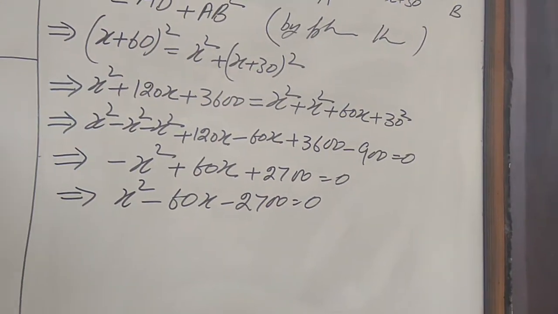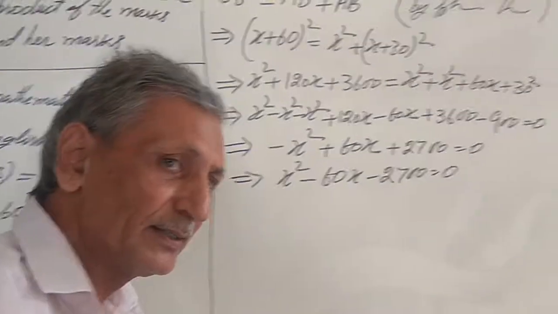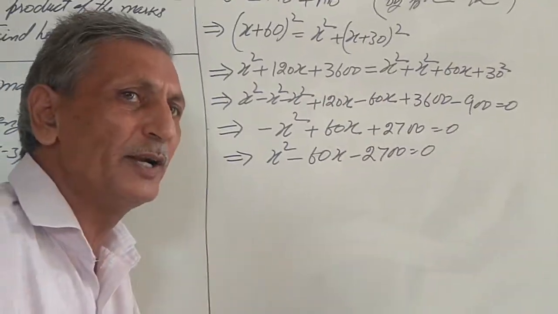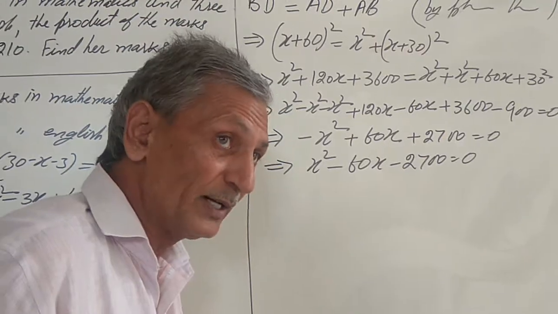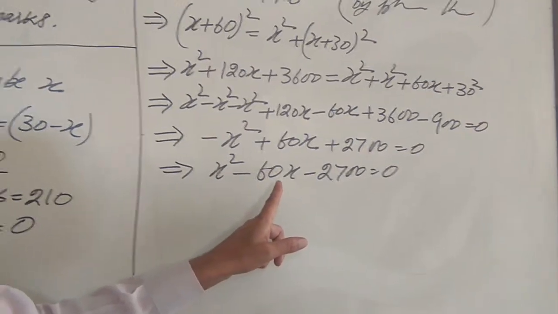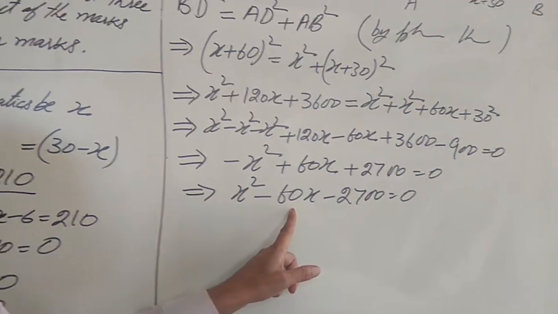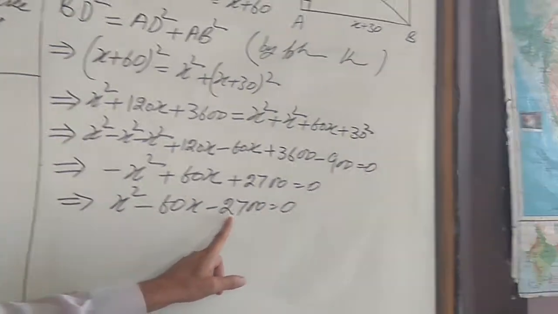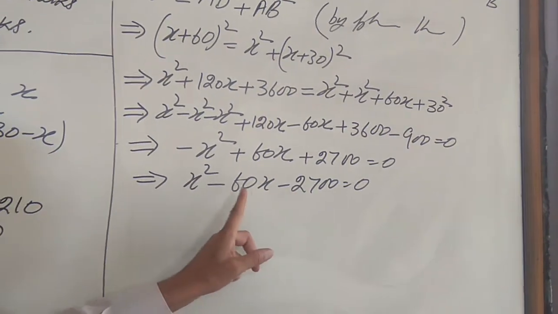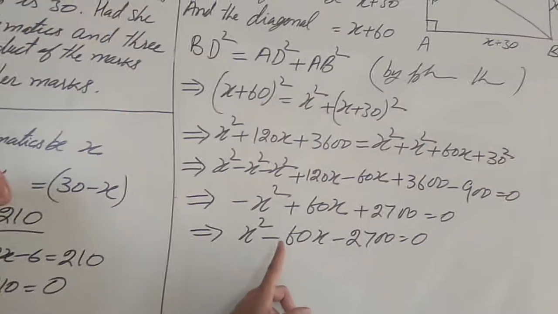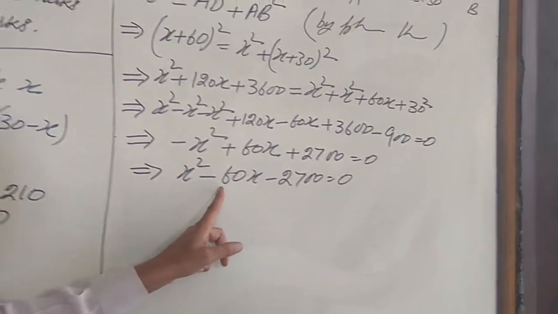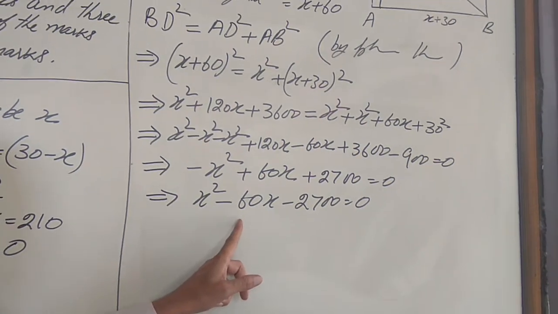Now you can either solve it by splitting the middle term or you may do it by the quadratic formula. Okay, so if you have to split this, the multiplication we have to get is 2700 and the difference of the two has to be 60.